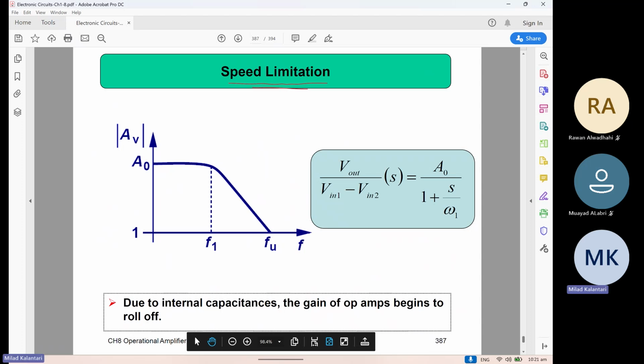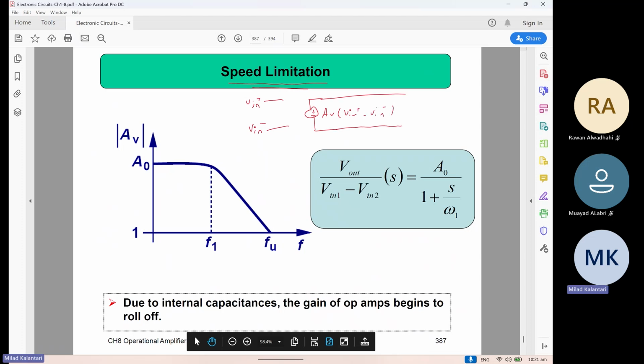At the beginning, we assumed the op-amp has two inputs, V in plus and V in minus, and it is like a dependent voltage source that has a gain of AV times V in plus minus V in minus, right?